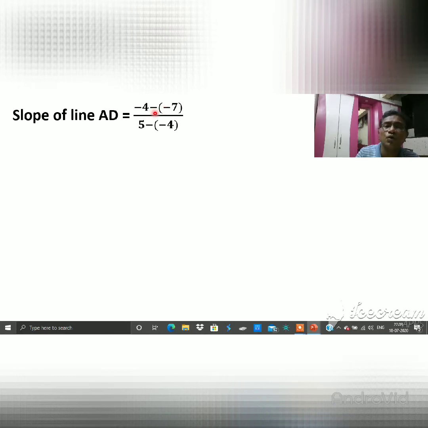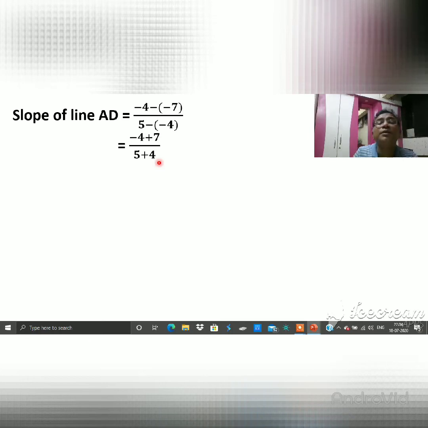So minus 4 plus 7 in the numerator, and 5 plus 4 in the denominator.